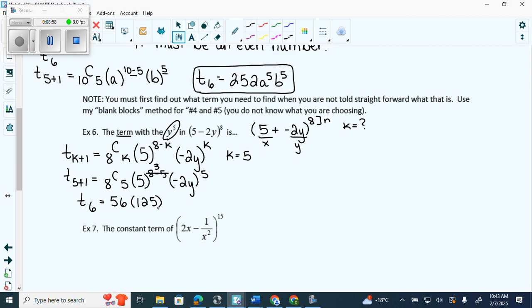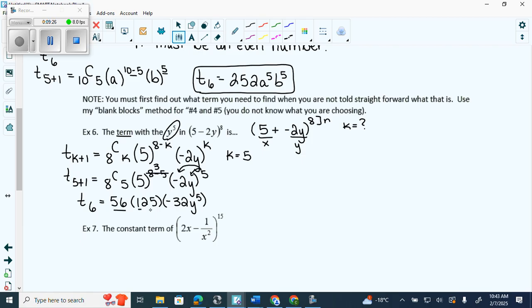What do I have to remember to do? Yeah, the 5 for the negative 2. Yes. So I have to distribute this 5 into the negative 2 and the y. So I'm going to get negative 2 to the 5 in brackets in my calculator. Because it's to an odd exponent, it will stay negative. But we want to make sure that we have the right sign. So negative 2 to the 5 is negative 32, y to the 5th.